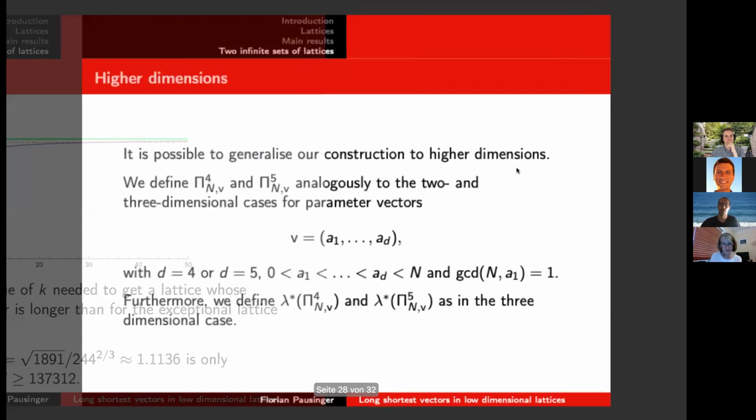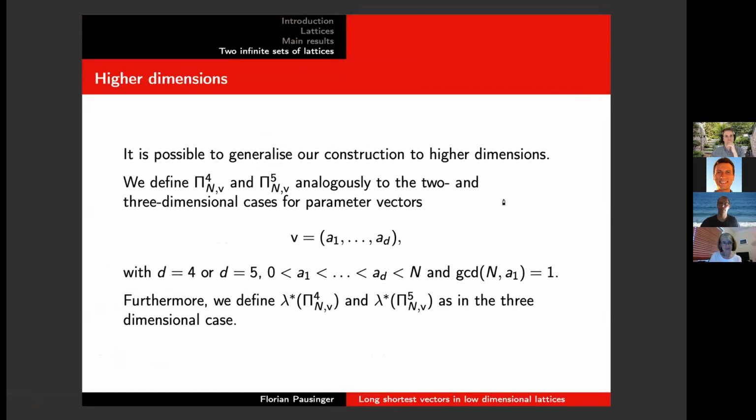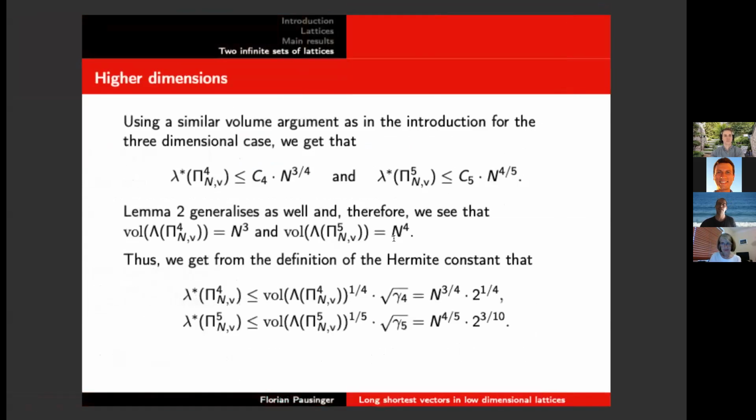Okay. So in the last minutes of my talk, I just want to point out that this construction also works in 4 and 5 dimensions in a quite straightforward manner. So one can define point sets, shortest distances, generating vectors, and interestingly, one can use exactly the same reasoning to get the right order of magnitude of these shortest distances.